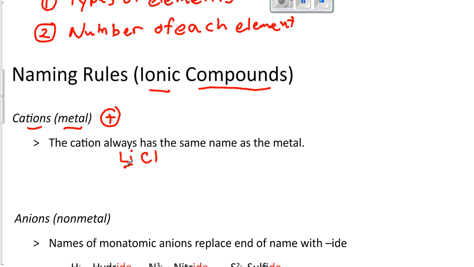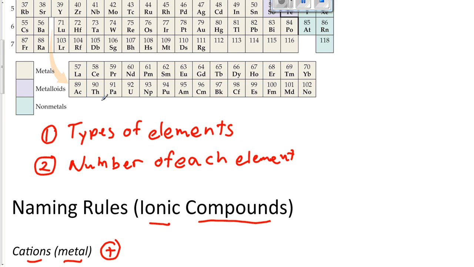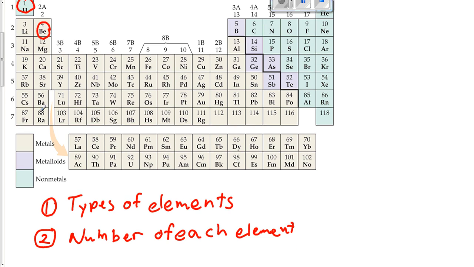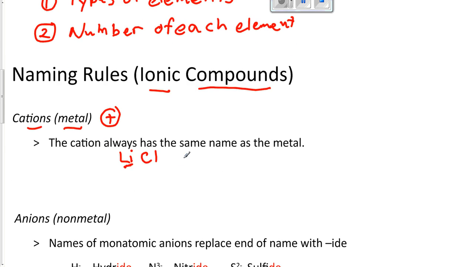Well, this is the cation because if I go back to my periodic table here, it's lithium, and we know that these form +1 ions in this family, the alkali metals. And so that's my cation, and then my anion is going to be chloride. But the important thing is that the cation in this compound is going to be lithium.